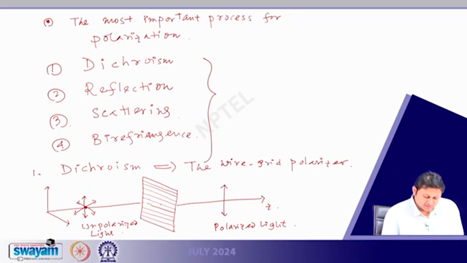The horizontal component works on the electrons distributed over this wire, so it will be exhausted in this system, whereas the vertical component will not do much work. So, no absorption will be there, and the vertical component will pass through.